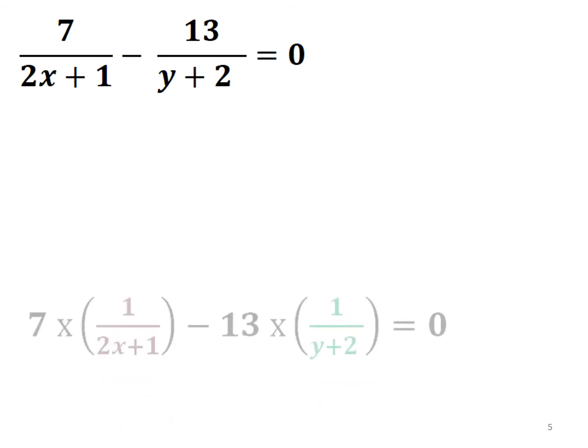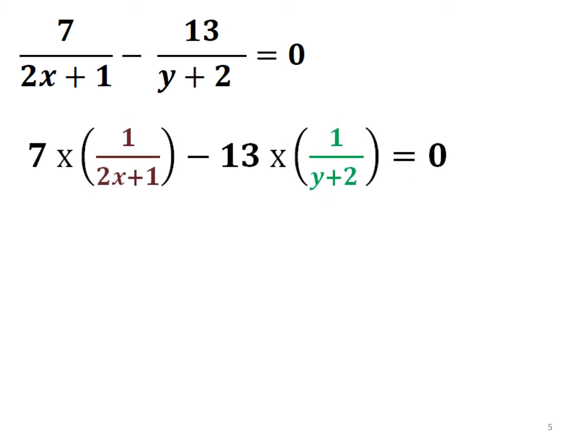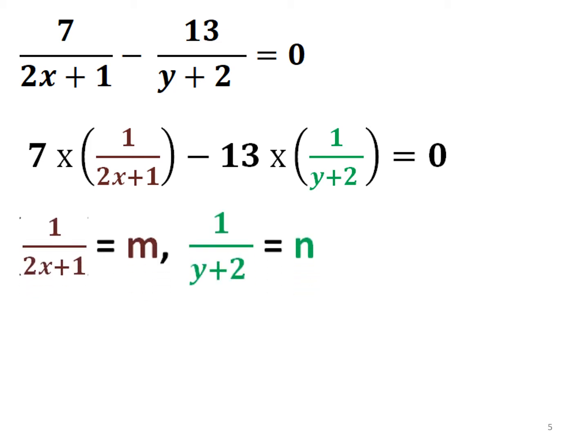The equation can be written as 7 into 1 upon 2x plus 1 minus 13 into 1 upon y plus 2 is equal to 0. 1 upon 2x plus 1 can be written as m, and 1 upon y plus 2 is equal to n. Resubstituting the values of m and n, I get 7m minus 13n is equal to 0.